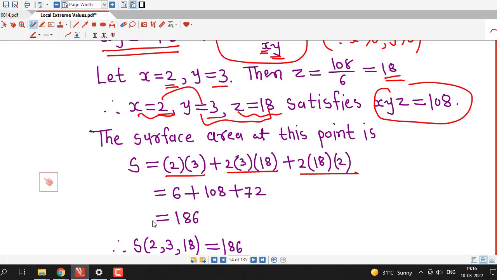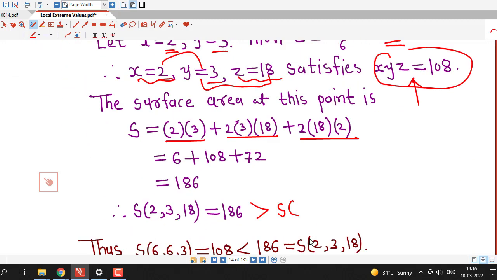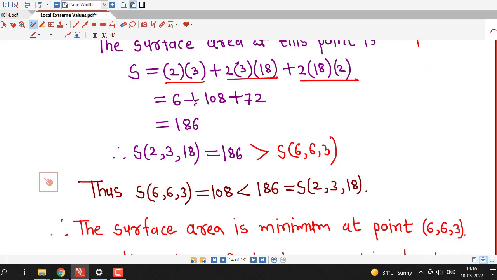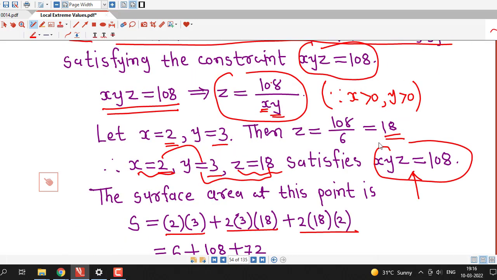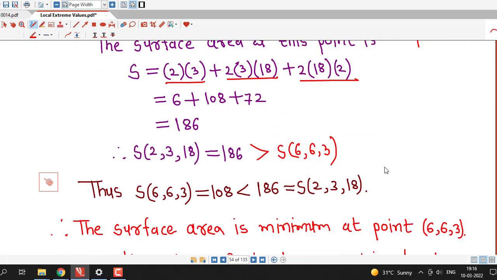And we obtain that the surface area at this point (2, 3, 18), which satisfies this constraint, is 186, and this is bigger than the surface area at the point (6, 6, 3), which we have obtained using the Lagrange method. So this point was arbitrarily selected satisfying this constraint, and we obtain that the surface area at this point is bigger than the surface area at the point (6, 6, 3).